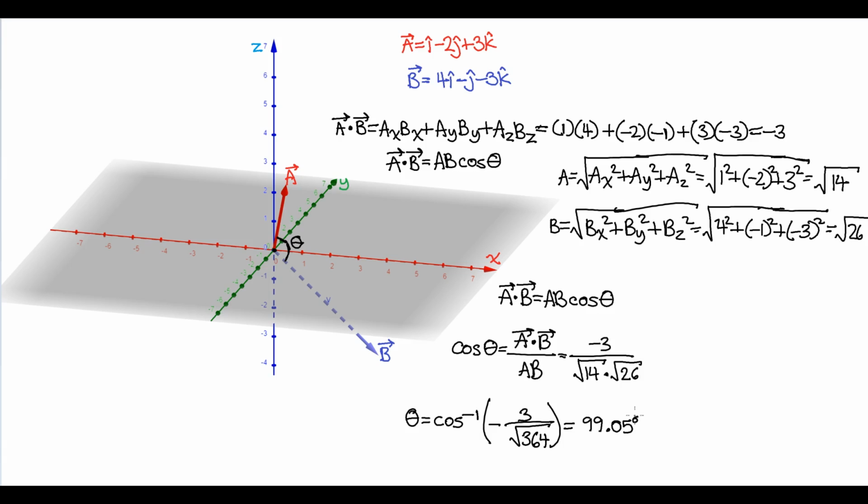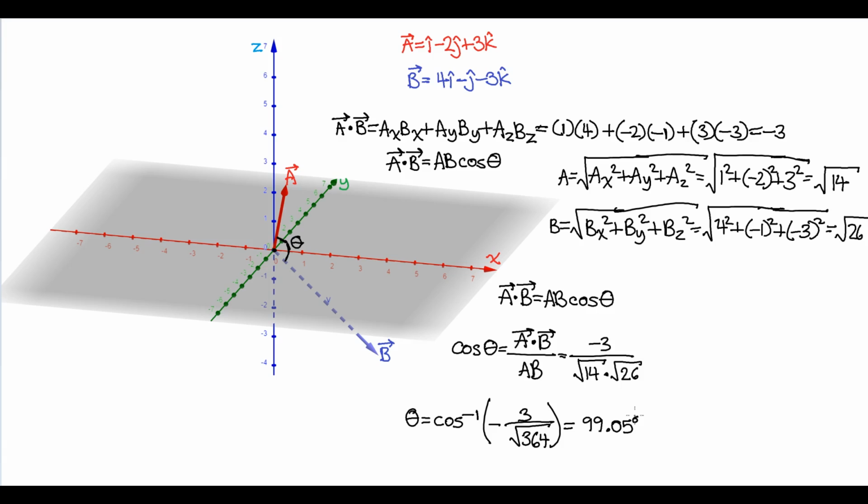It's greater than 90 degrees because our dot product was negative. If our angle was 90 degrees, then the dot product would have had to be 0.